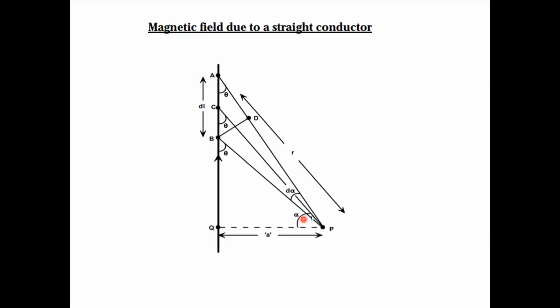Now alpha is the angle between BP and QP lines, and d alpha is the angle subtended by this smallest length AB in the triangle APB, the smallest angle. Finally, we have to find the magnetic field intensity at the point P.